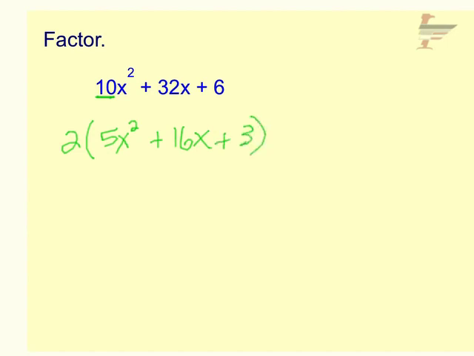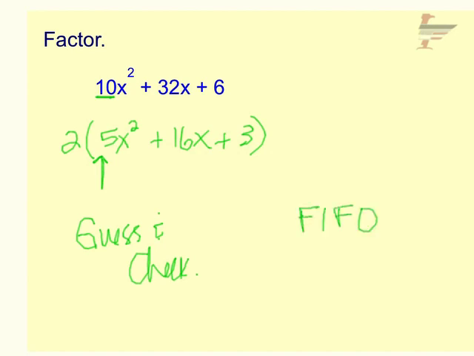And now we say, all right, how can we factor what we have left, this 5x squared plus 16x plus 3? I won't go through the factoring here just because there are some videos for you to watch on it, but when you have a number in front of your x squared, you're basically going to have two options for how you want to factor. You can guess and check, and I have some videos for that, or you could try something called the FIFO method, factor in, factor out.